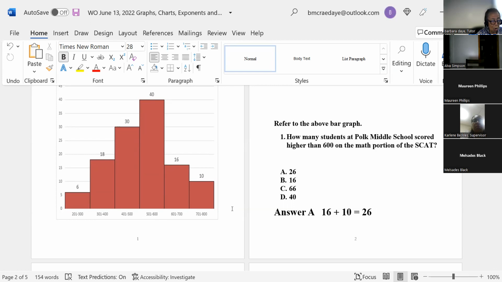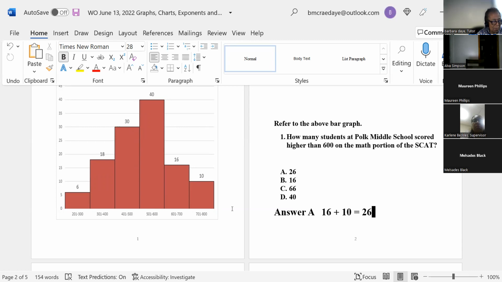No, lower than 501. Okay, so it would be 30. Lower than 501, it's more than one bar. How many bars do you see lower than 501? 1, 2, 3. Add them up.